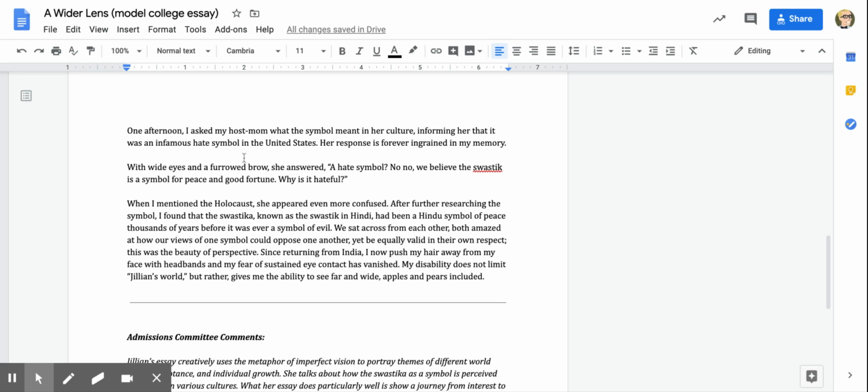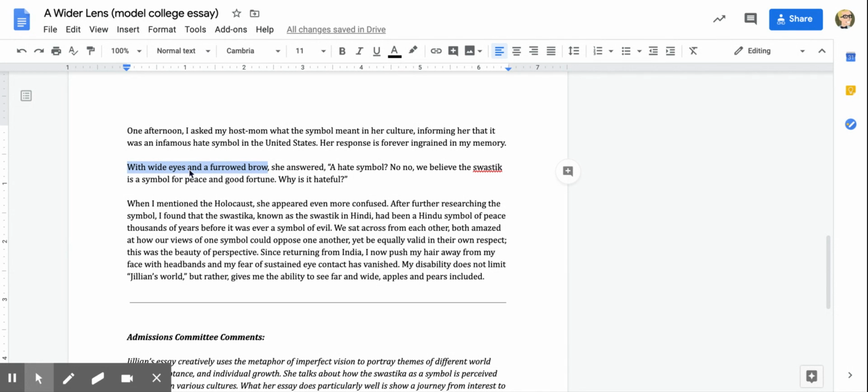So she describes her conversation with her host mother about the swastika, or the swastika in Hindi, and she gives us these great details too about the host mother's confusion and her disbelief. She says, "With wide eyes and a furrowed brow, she answered." And by the way, what is she trying to show us about the mother here, with the wide eyes and a furrowed brow?